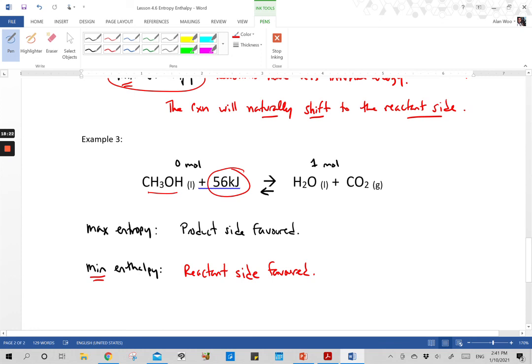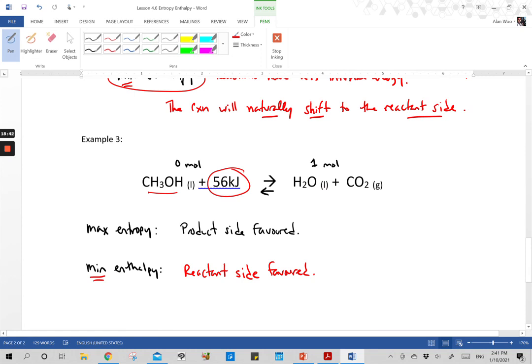So again, the way that we look at this is, if we're looking at the reverse reaction, you are basically creating CH3OH, but at the same time, you're giving off 56 kilojoules of heat, when we're making the reactants. So the reactants have less heat energy than the products do.